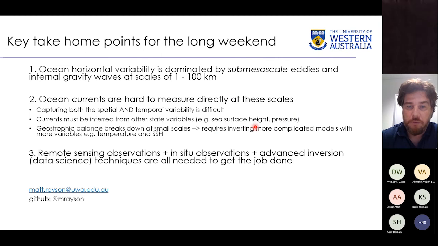So that means inverting more complicated nonlinear models using different variables. And so really, to get the job done, you need to combine remote sensing with in situ data and inversion and data science methods to infer what the currents are doing at these smaller scales.